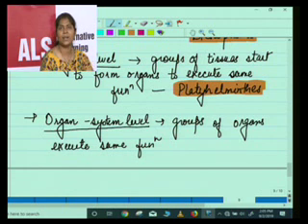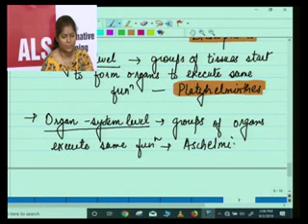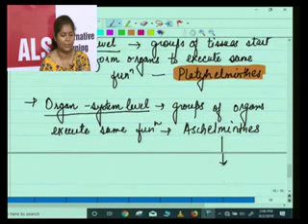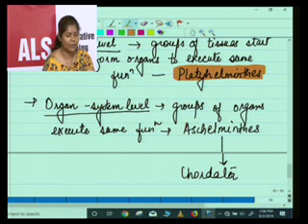Stomach, intestine, and buccal cavity together form the alimentary canal. So the alimentary canal, or GIT, the gastrointestinal tract, or the digestive system, is an organ system. From Aschelminthes to Chordata, all the phyla included in between have organ system level of organization.